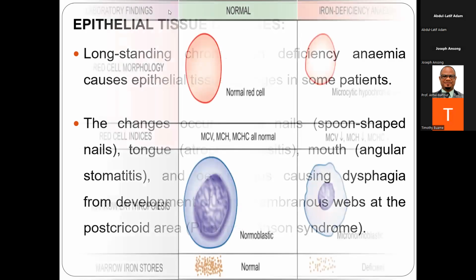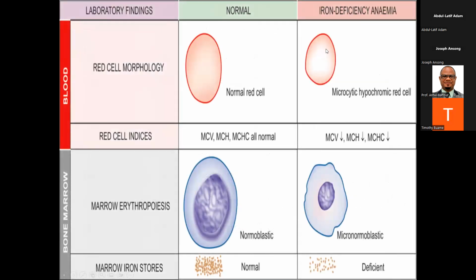On the blood film, you see that the cells are smaller than the normal cells. In megaloblastic anemia, the cell was 2 times the normal red cell. In microcytic anemia, the cell is 2 times smaller than the normal red cell.